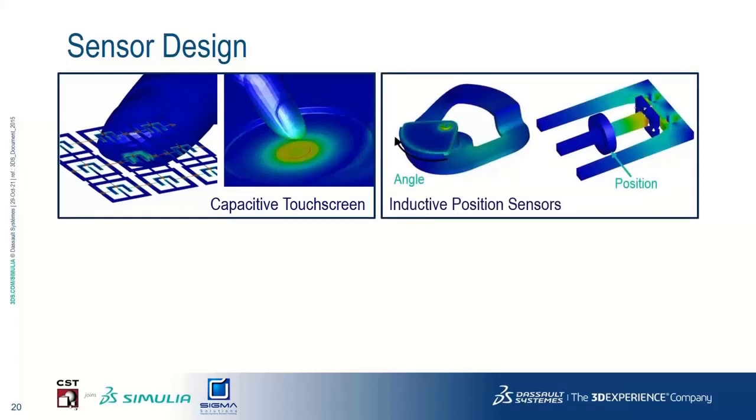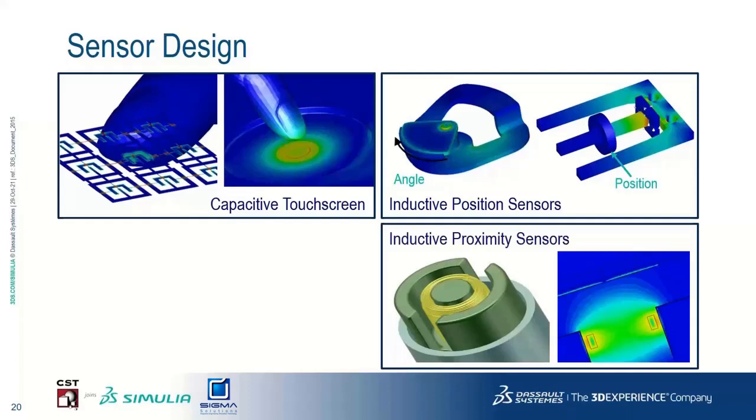Then we look at position systems. So we have angular and linear position sensors, where you look at the position of a coil relative to its mounting position. So you can measure that. You can look at changes in the inductance, and then again read out the according value.